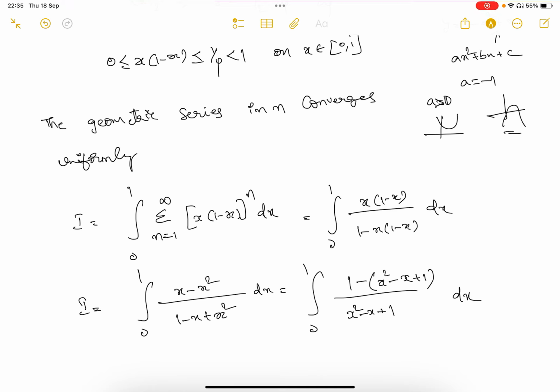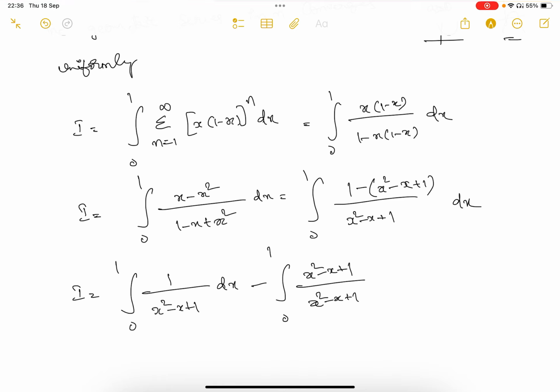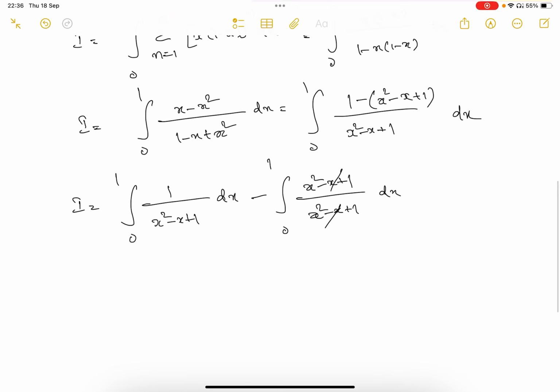Now separate these two integrals: integral 0 to 1, 1 by x square minus x plus 1 dx, minus integral 0 to 1, x square minus x plus 1 by x square minus x plus 1 dx. This will get cancelled. Then this integral will be integral 0 to 1 dx, which is x from 0 to 1. This will be 1. Fine.